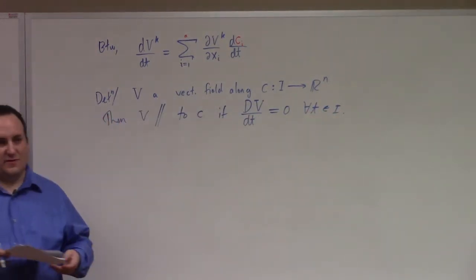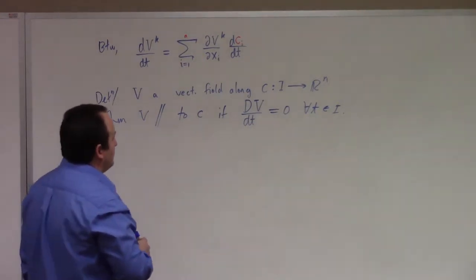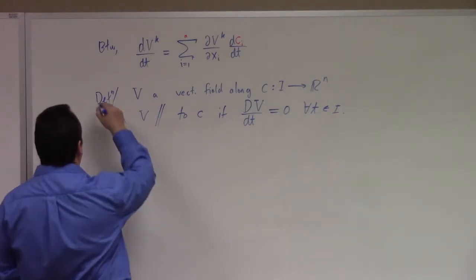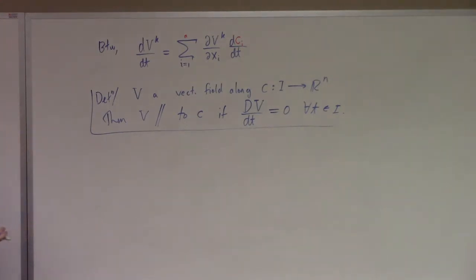I know we've gone through some of this before, but it bears repeating. So again, what that means is for a vector field to be parallel to a curve, it has to satisfy a bunch of differential equations that are related to these connection coefficients.